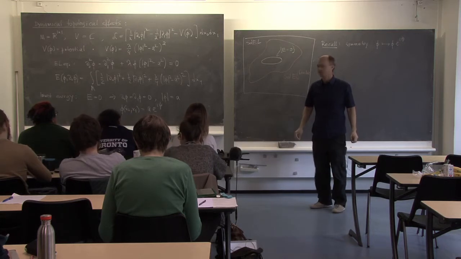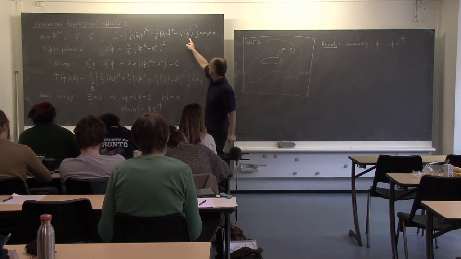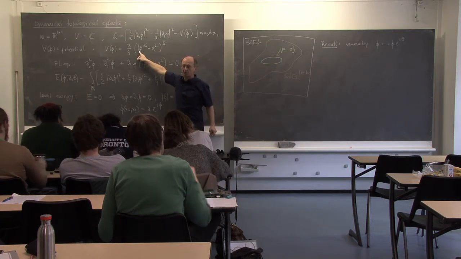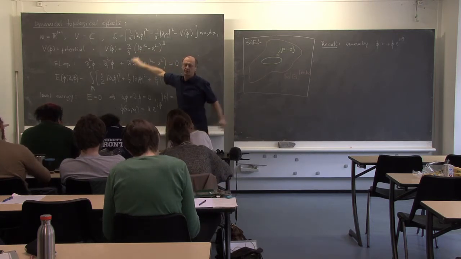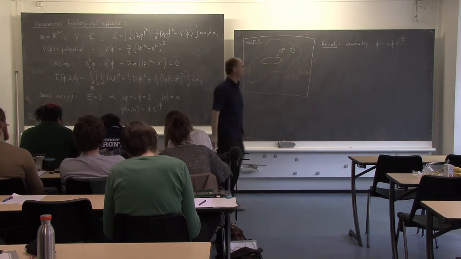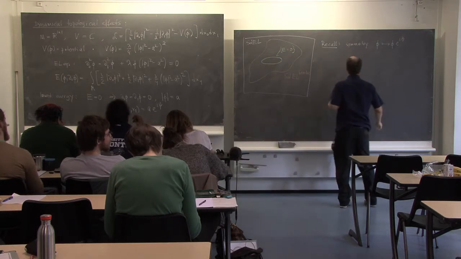So we looked at this symmetry before. Of course, one would need to check that this symmetry survives when we add the potential. But as you see already, the potential is invariant under this symmetry, so the chances are very, very good.